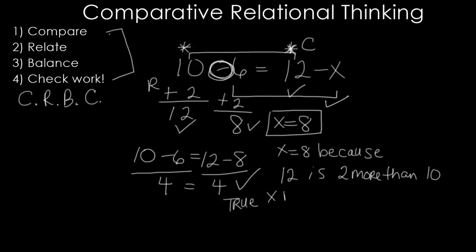Therefore, x must be 2 more than 6. So remember, in subtraction, we're doing the same operation, more and more, okay? Same operation on the same side of the equation. Okay, does that make sense?